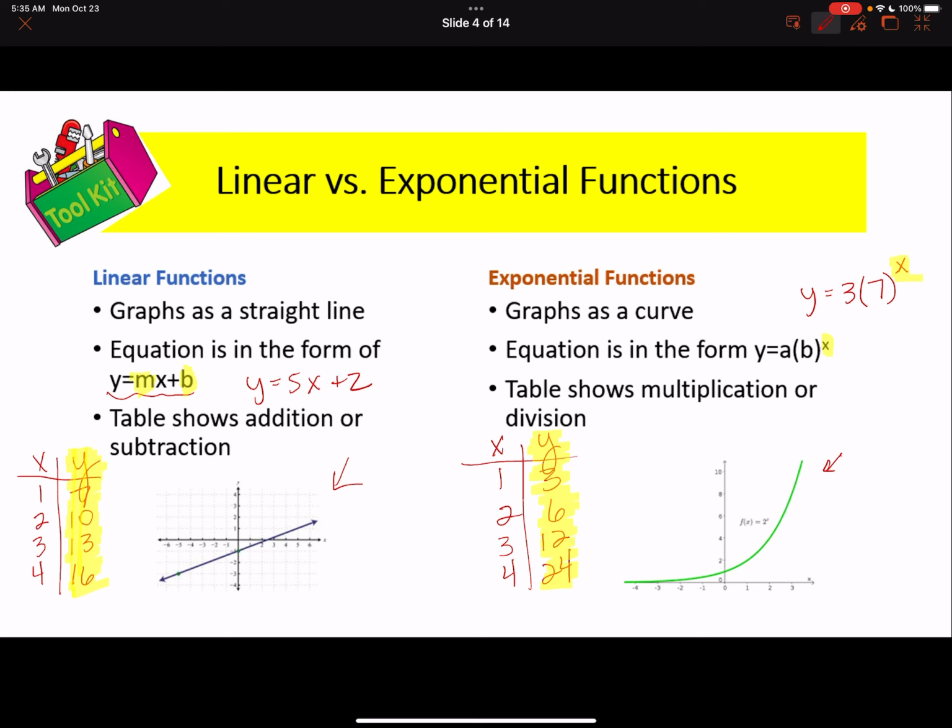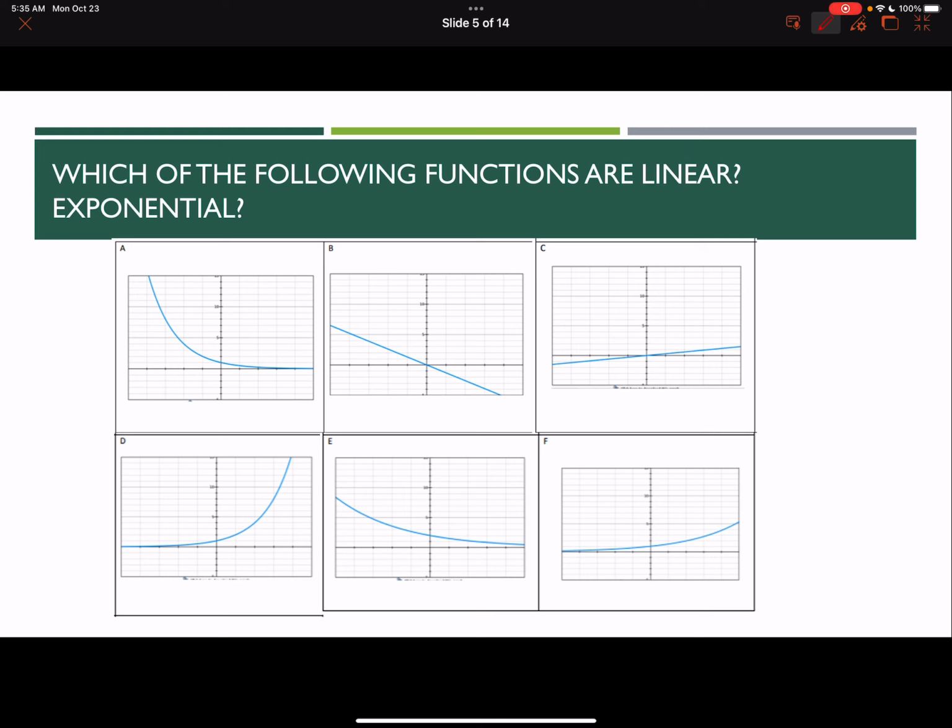Okay, so when you have this all written down, let's move on. First, let's take a look at some of these graphs. Which of the following functions are linear and which are exponential? So linear, they're going to give me a straight line. I see that straight line here. I see that straight line here. And exponential functions are going to give me that curve. It's either going to start low, like this one here.